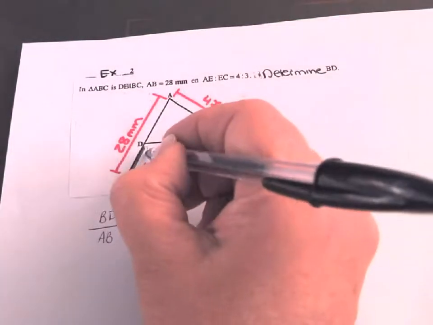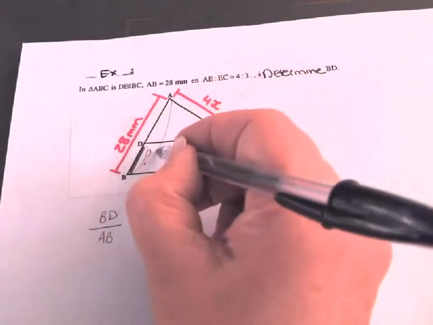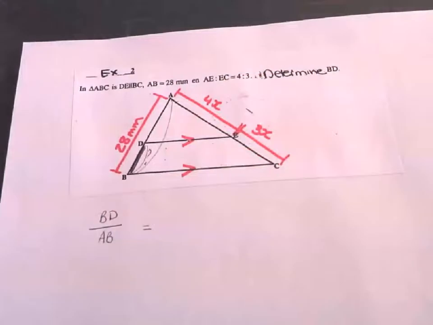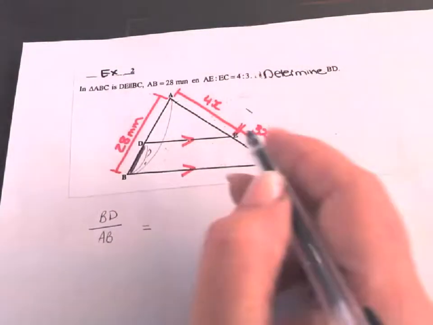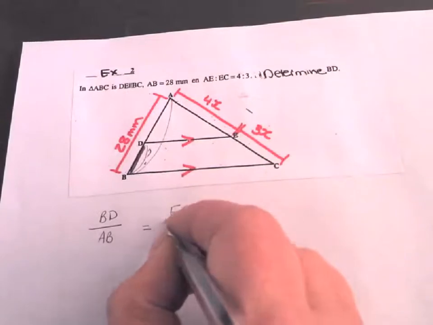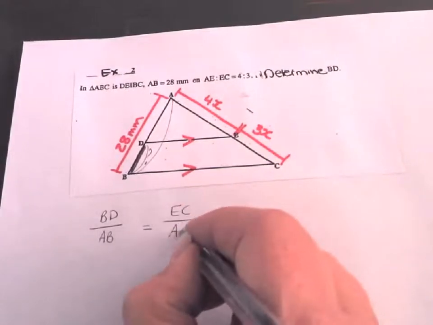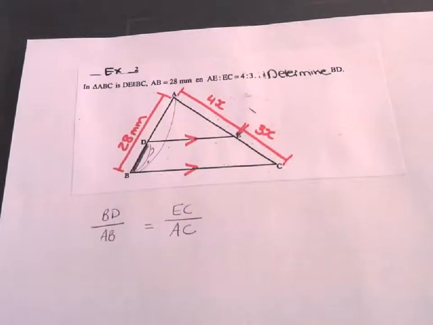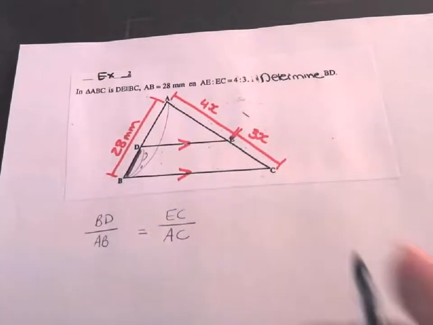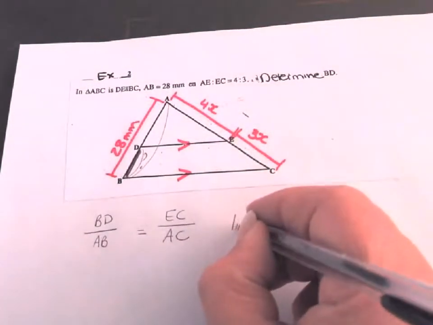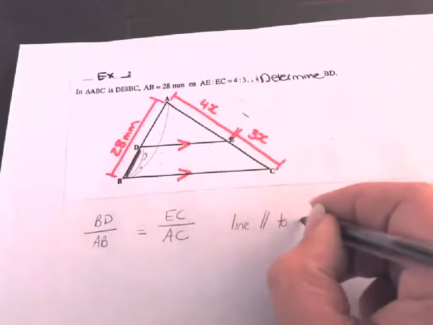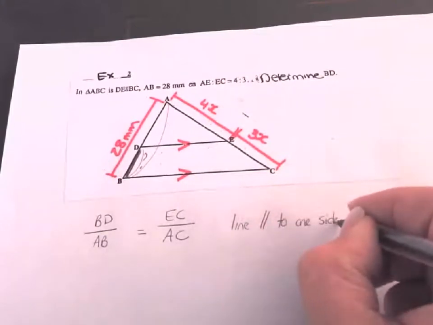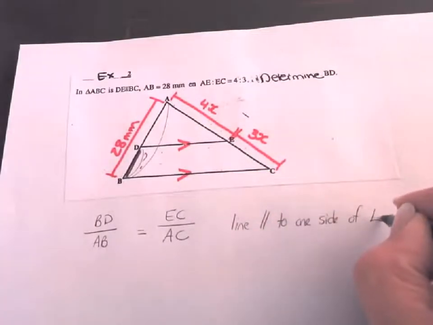So it's BD over AB. I must use the same proportion on the right hand side. EC over AC. Reason for the line is parallel to one side of the triangle.